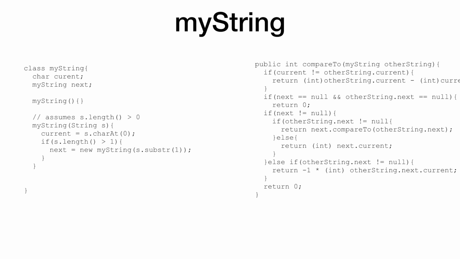I went through this construction actually in class, so I'm not going to go through the whole construction as it is, but we're going to walk through the elements that are here. So notice that our class contains a character and a pointer.